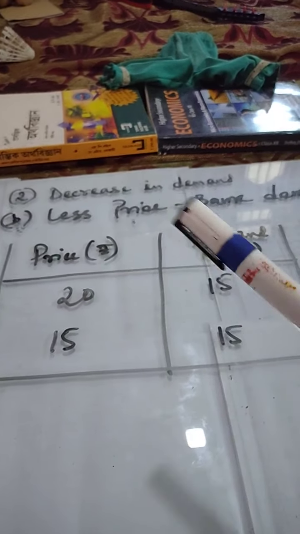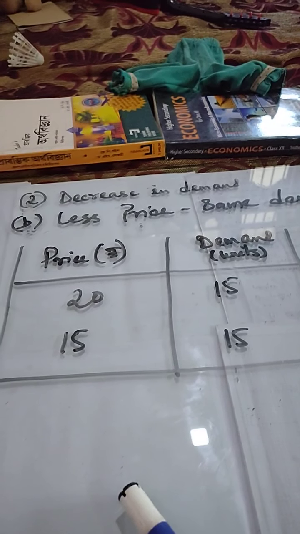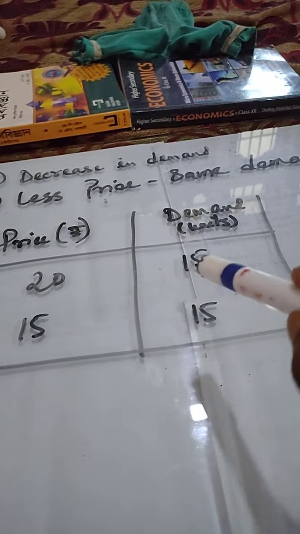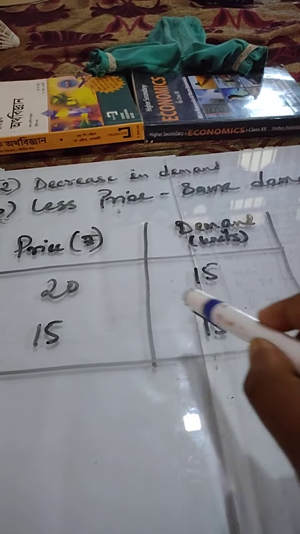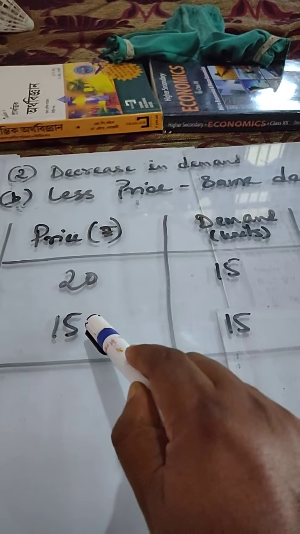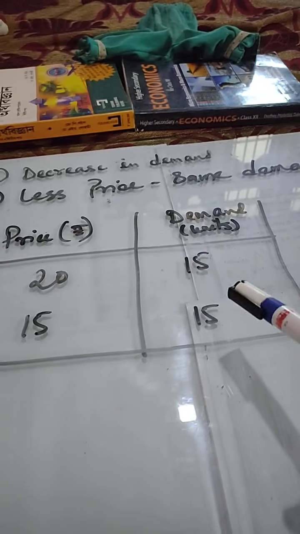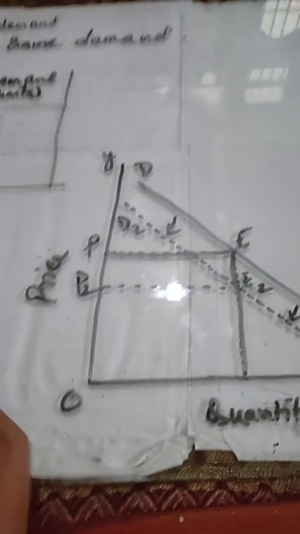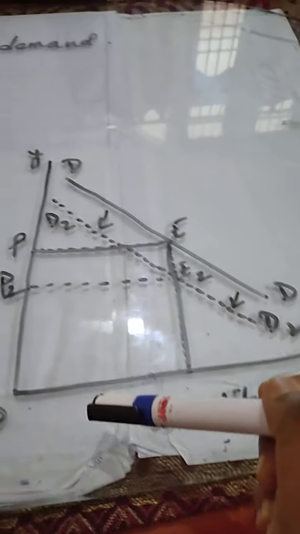But there is a sudden fall in the demand for the commodity. Say, for example, the number of consumers declines. So as a result, to get the same units of the commodity, consumers are now ready to pay just 15 rupees. So in such a situation also there will be a leftward movement of the demand curve. How is it possible? You see in the diagram. Again you consider these two axes.